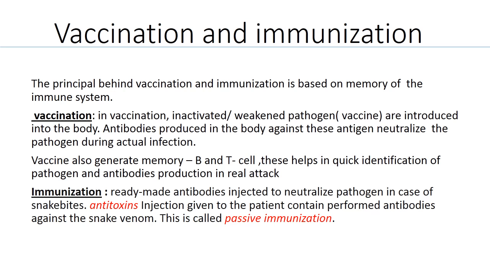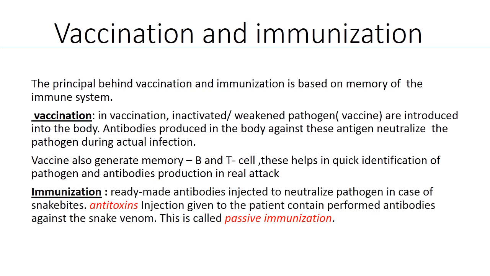Why will the patient be injected with antitoxins? How will they work? Antitoxins consist of ready-made antibodies. So when the patient is injected with the ready-made antibodies in the form of antitoxin, it will fight against the venom. That means it is helpful to get rid of some of the toxic substances.